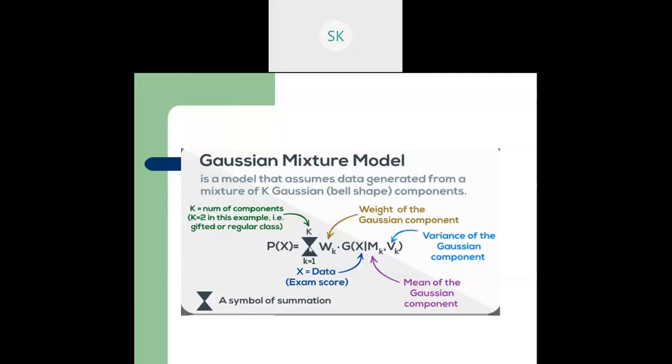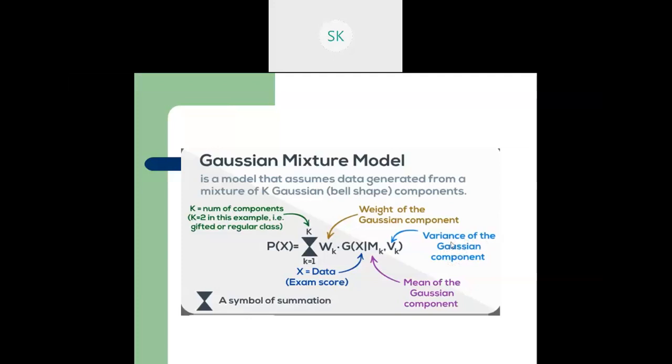The formula for the Gaussian mixture model computation is P of x equals the summation, from k equal to 1 to K, of w_k times g of x given m_k, v_k. We saw this in the previous lecture, just the symbols are different. v_k is the variance of the Gaussian component.